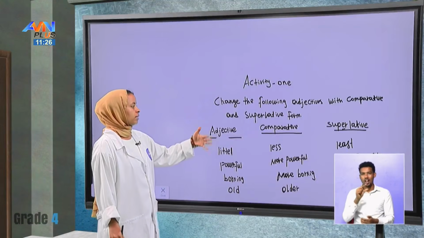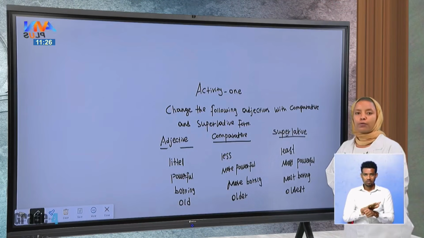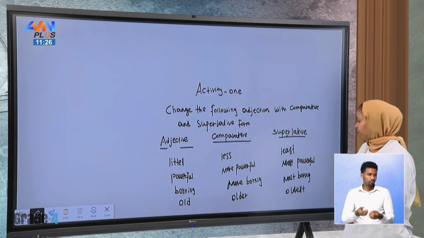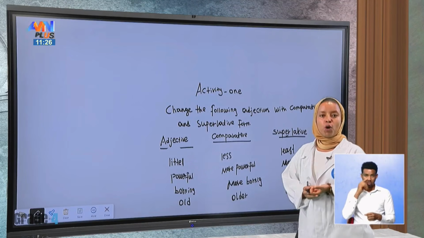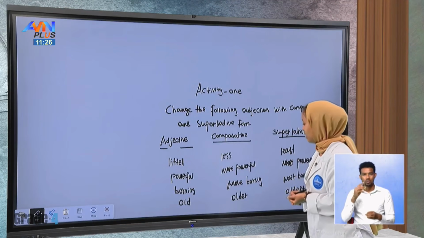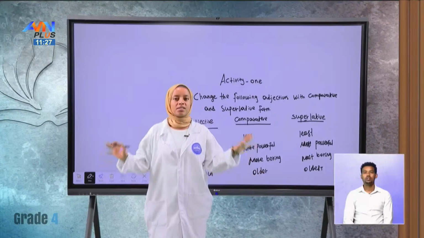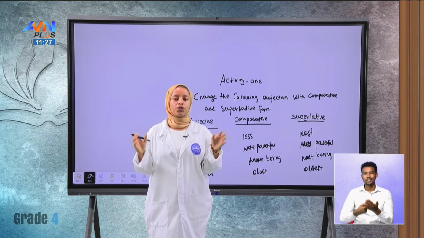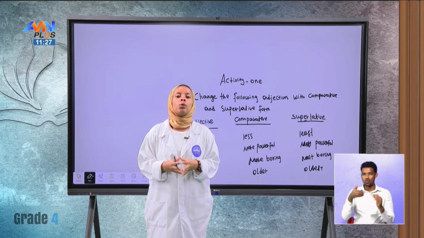Little, less, least. Powerful, more powerful, most powerful. Boring, more boring, most boring. Old, older, and oldest. Students, this is the answer for activity 1. I hope you all got your correction.